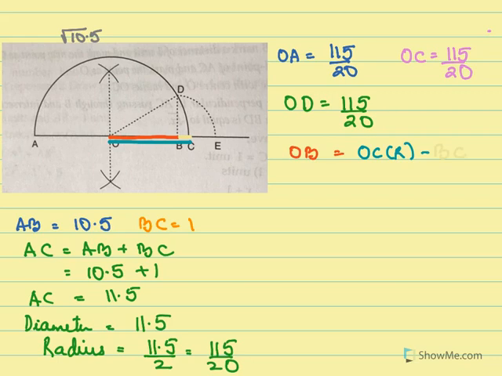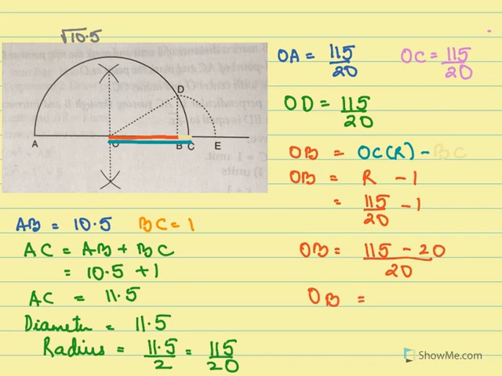So when we want to find now OB, we have radius minus 1. Radius was 115 over 20 minus 1. So your OB is 115, LCM 20, so this will be minus 20. So OB equal to 95 over 20.